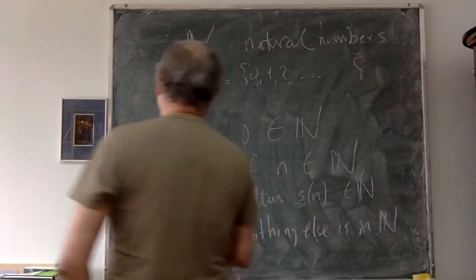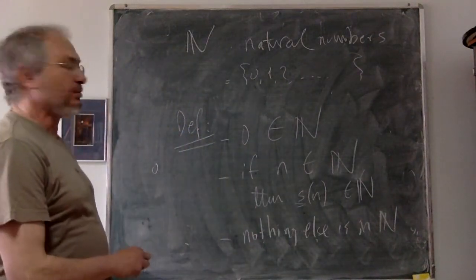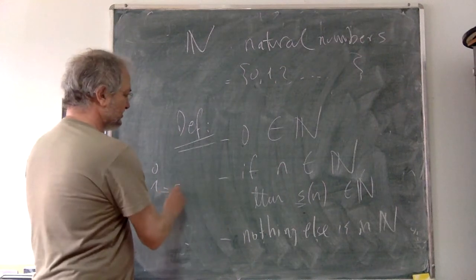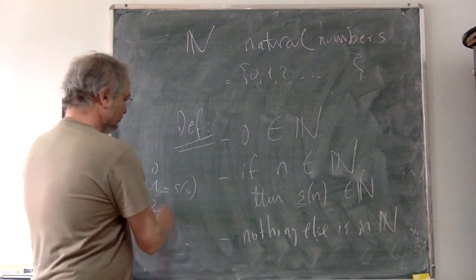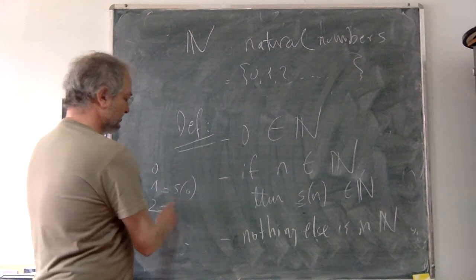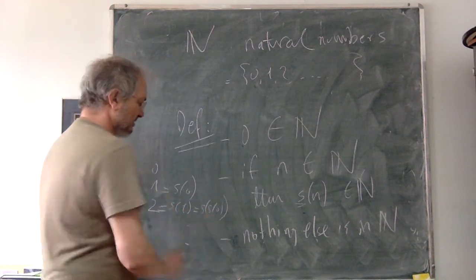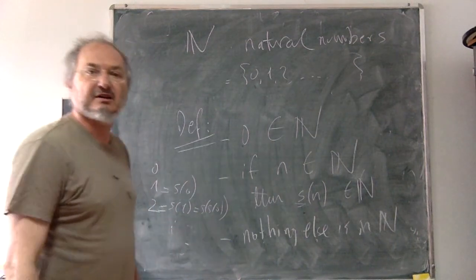So, for instance, 0 is a natural number. Why? Because it satisfies the base case. 1 is a natural number. Why? Because it's a successor of 0. 2 is a natural number. Why? Because it's a successor of 1, which is a successor of 0. And go on like this.